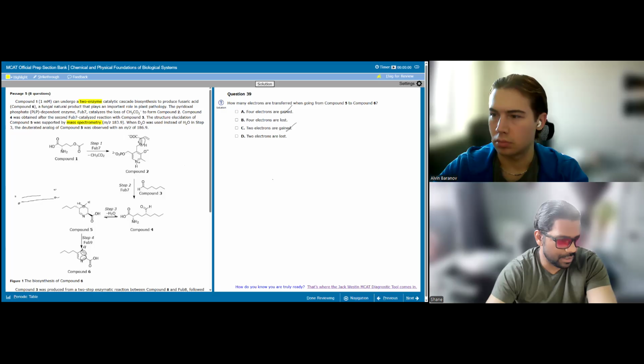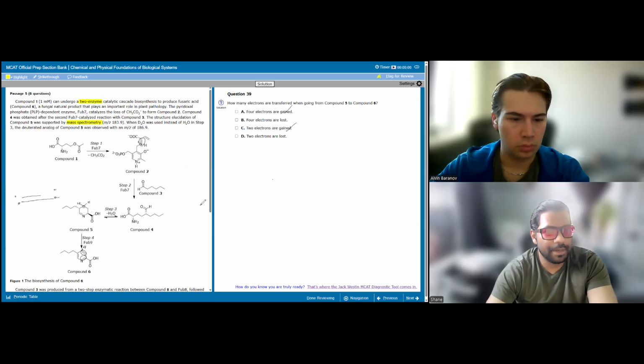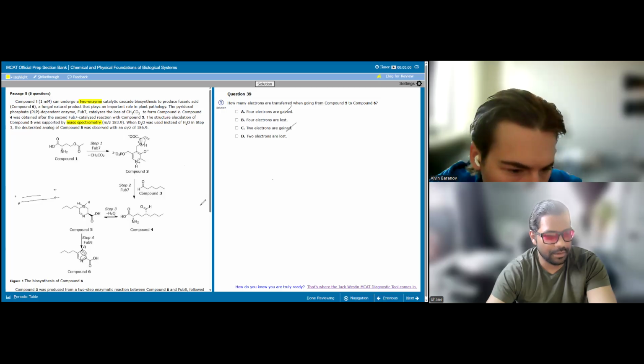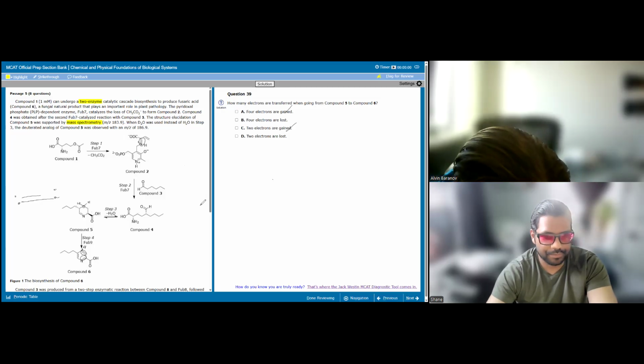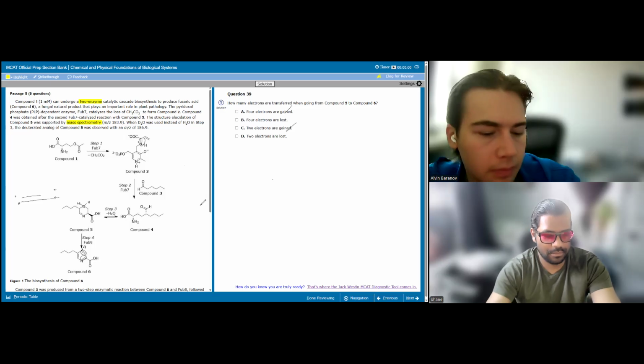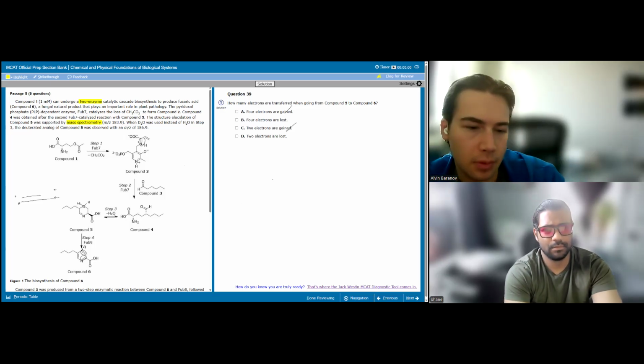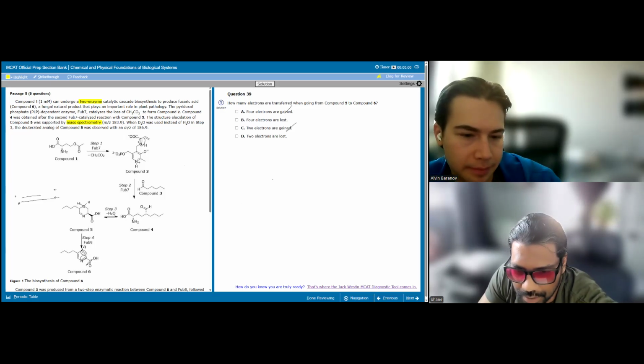Addition of a double bond is going to be two electrons. Wait. Each double bond should have two electrons, I believe.